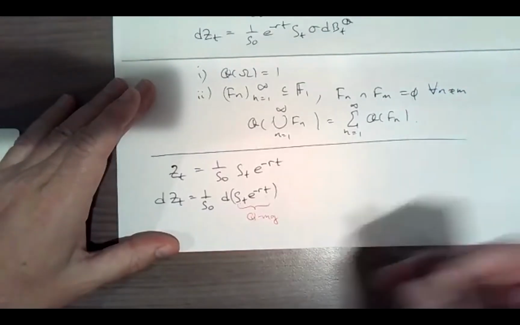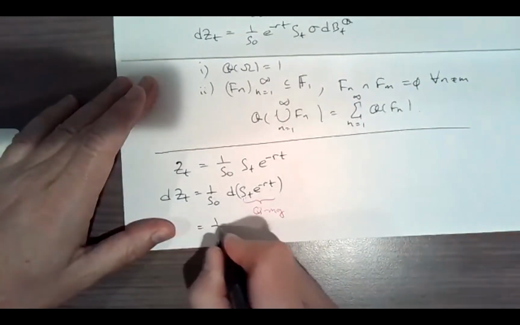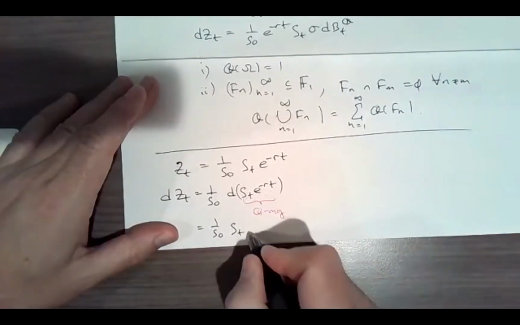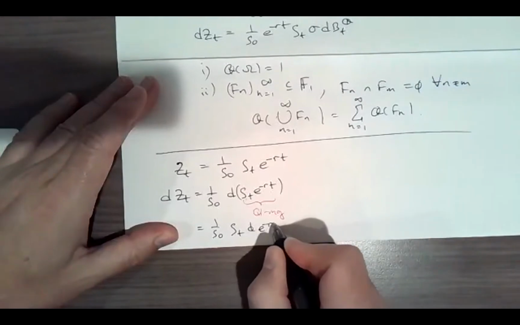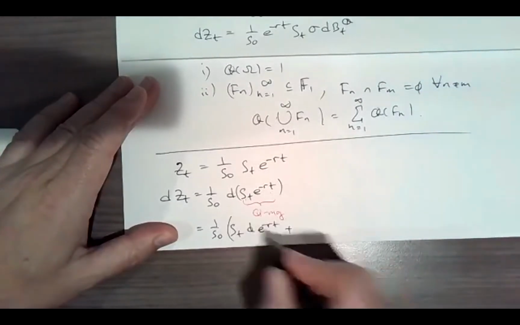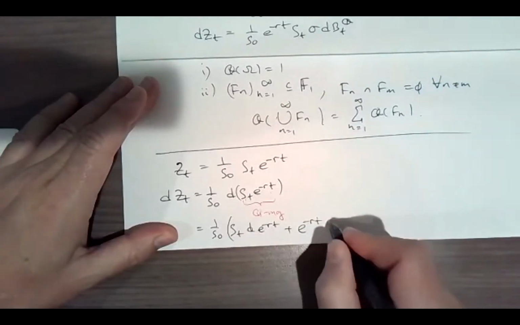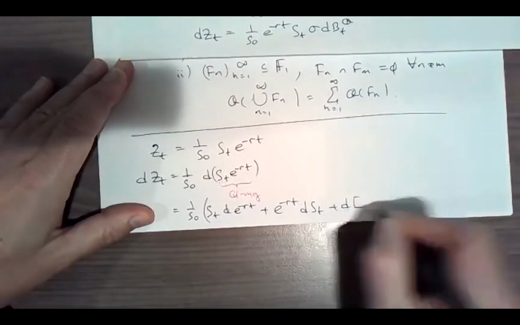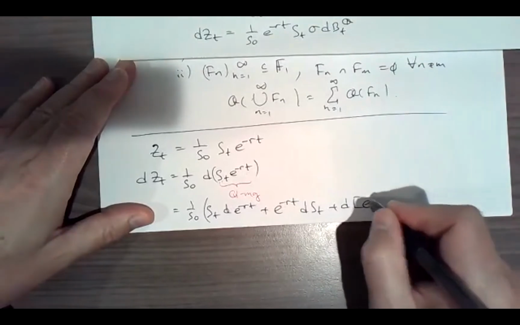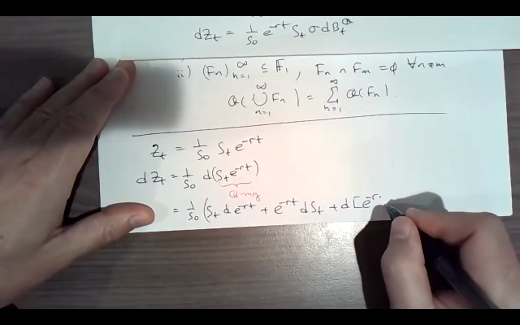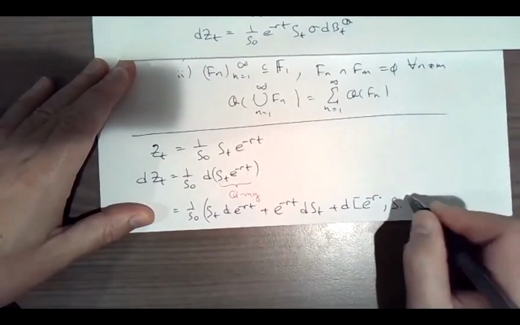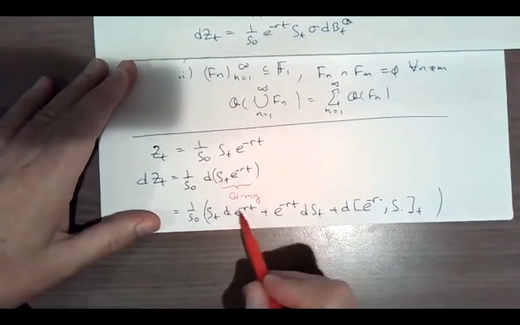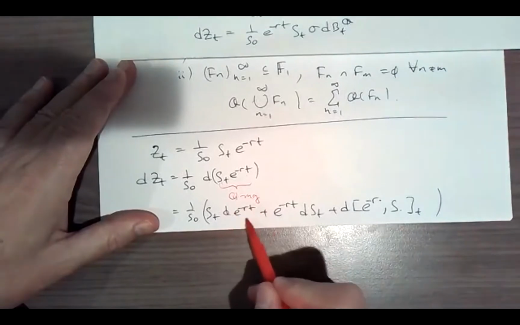So in principle, I should compute, what should I do? I should take St, and then I should have d of e to the minus rt, plus e to the minus rt dSt, and then I should have the cross variation d of e to the minus rt, and then you put a dot St. Right, but this here is 0 because there's no randomness here, right? It's just a smooth function.